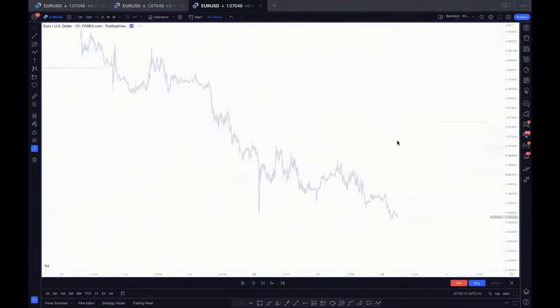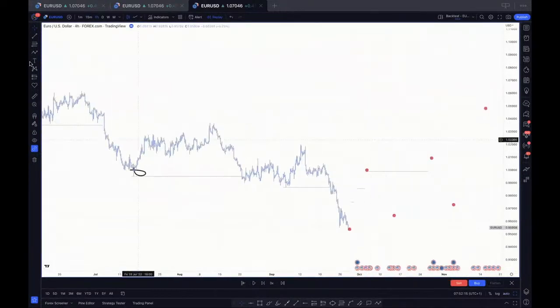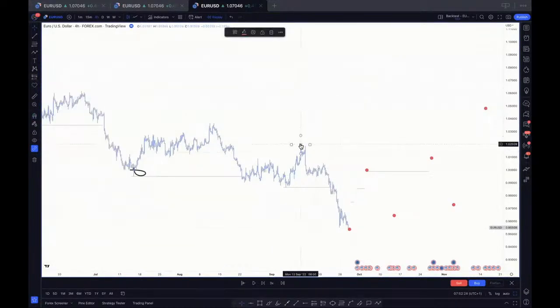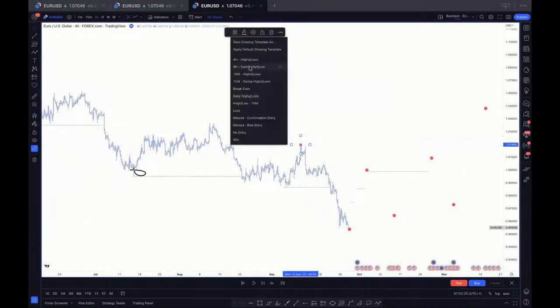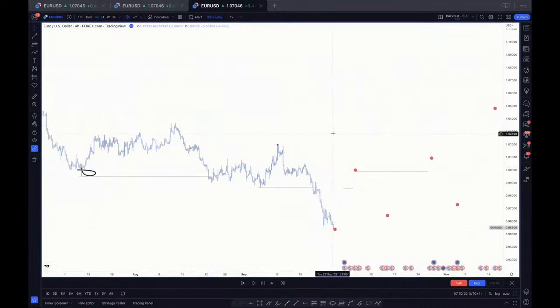Sorry, let me go back to the 4-hour and mark our chart properly. So on the 4-hour, let me use this tool to mark our high, so we know where we are in the market. So I'll just mark this. That will be my 4-hour swing high and swing low. Now, I use a few tools, and I think it's good I also explain this so that you get this.